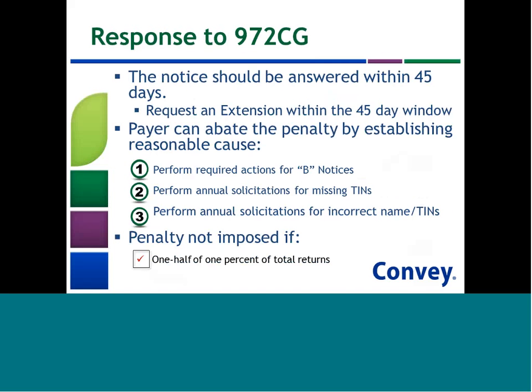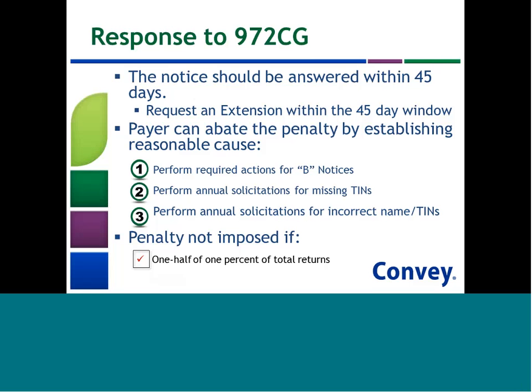So now that you've received a Form 972CG, also known as a P notice or penalty notice, what are the steps you should take? Well, one, you need to answer within 45 business days. You can request an extension within that 45-day window. However, you need to provide some sort of a response.